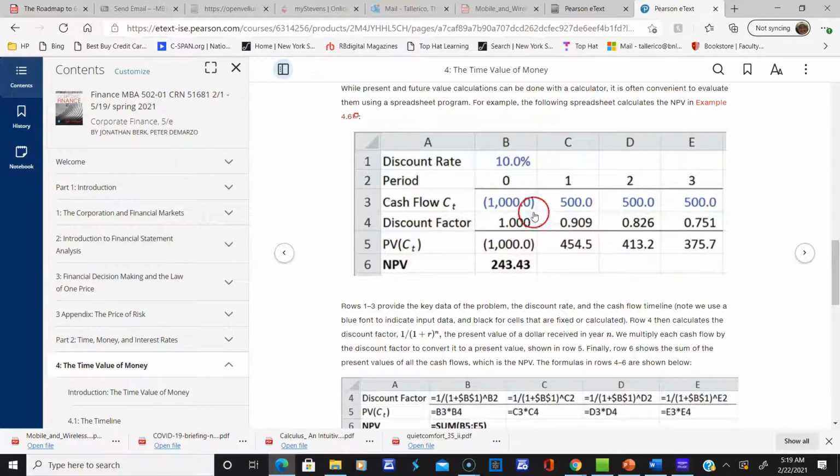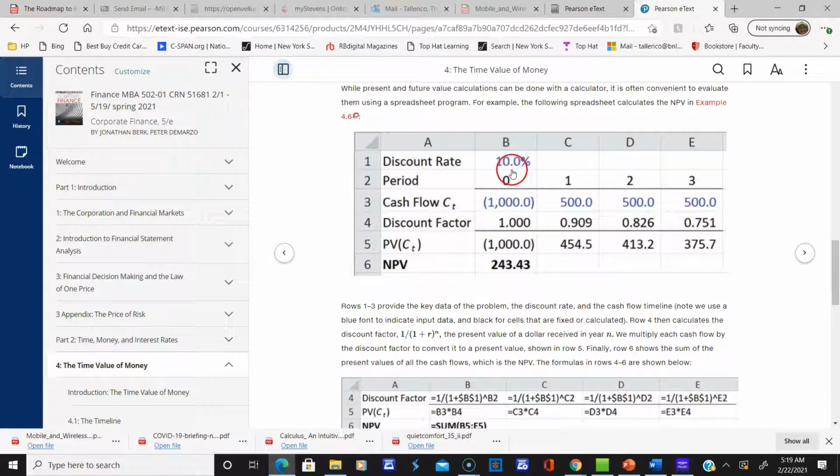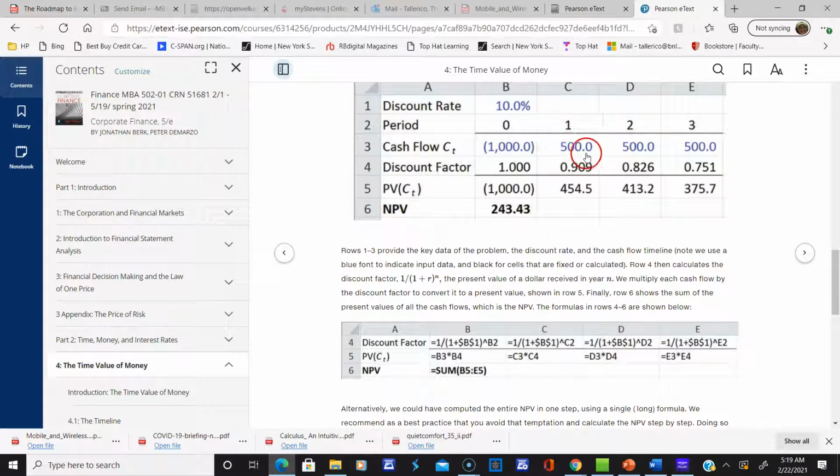You notice this is negative, right? So here they are all set up, but here's how you do the actual math, all right? You got to get the present value of your cash flows here, okay? You get your present value of your cash flows, and then just subtract off this value right here.